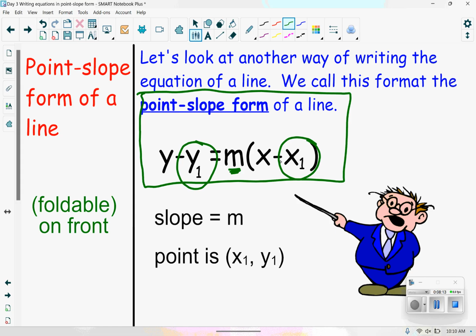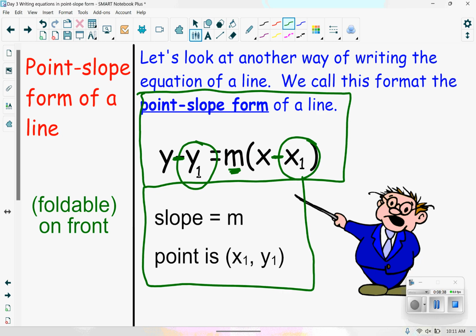Now notice in the formula, these are both negative in front of those. So it's going to be the opposite of what I think it should be. So again, on the front of your foldable, I would suggest you write this as well. That in this formula, the slope is m, whatever your m is. The point is whatever your x sub 1 comma y sub 1, the opposite of those.